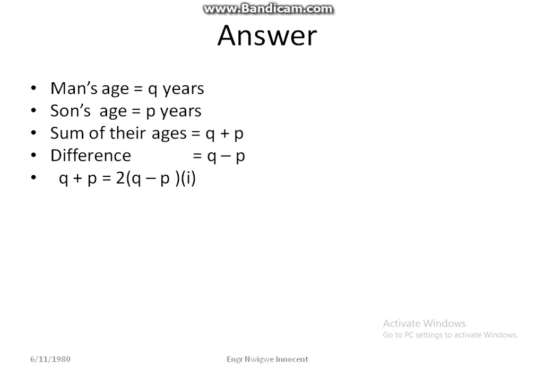We are told that the sum of their ages is 2 times their difference, then P plus Q is equals to 2 in bracket Q minus P. Then QP is equals to 675, because we are told that the multiple of the man's age and the son's age is equals to 675.